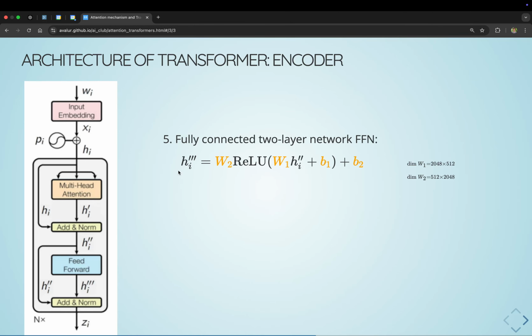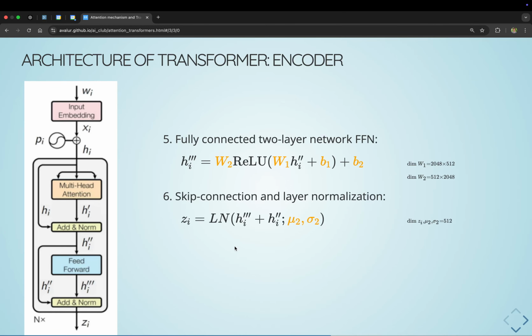And this is our almost final result, because here you see another add and norm block, which is the same skip connection, so addition and layer normalization. And again, the dimension of each output inside this transformer block is a vector of 512 numbers, okay?